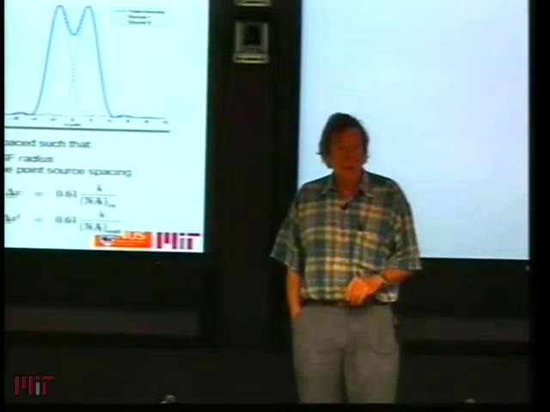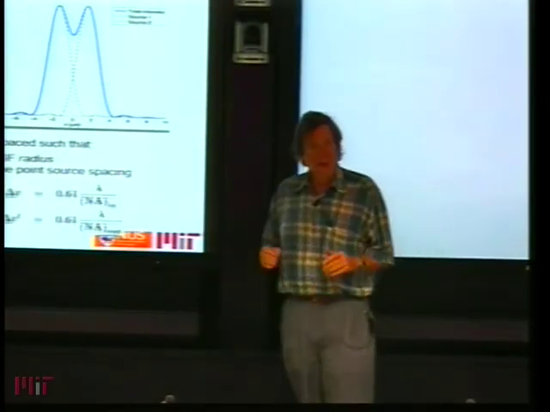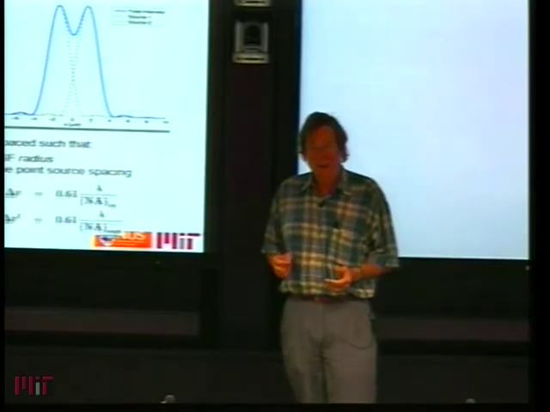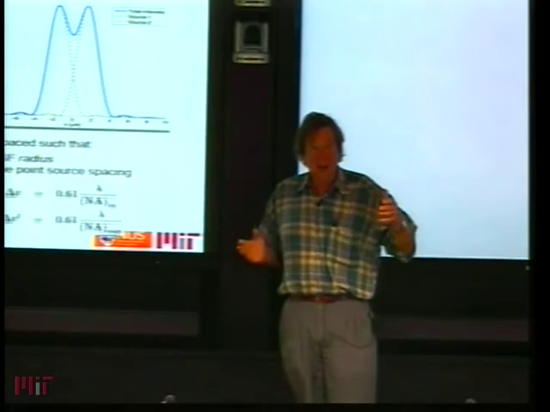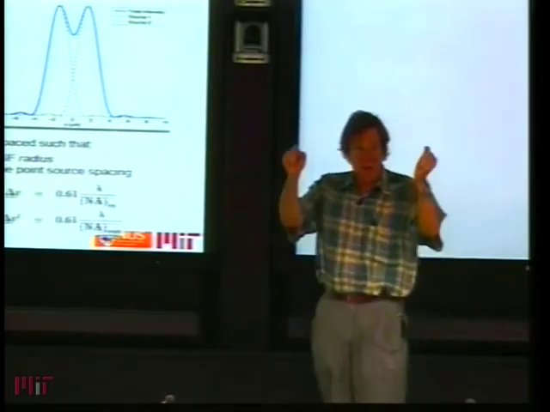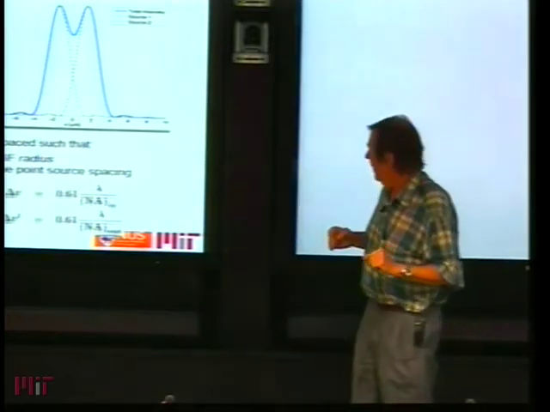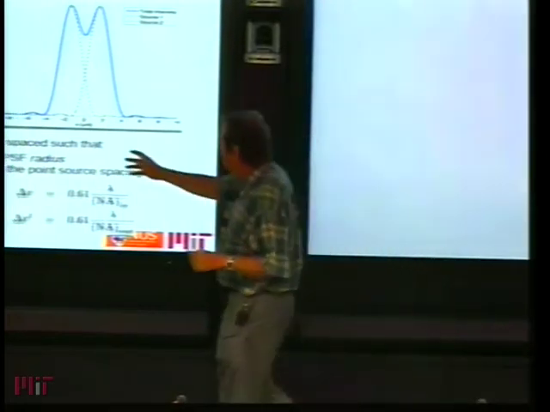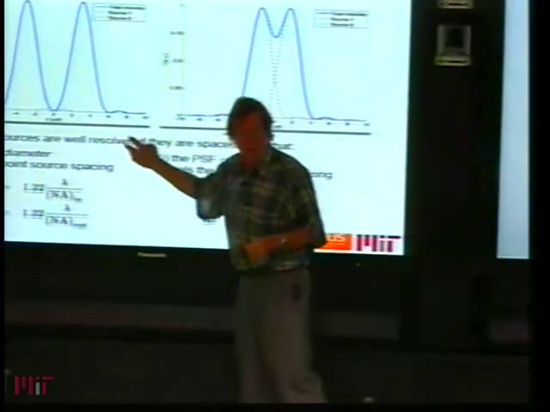Lord Rayleigh was very interested in astronomy, so he was interested in trying to quantify the imaging of stars. If you look up in a telescope at the sky and you've got two stars very close together, then you'll see the two images of the stars. This shows two different separations of those two points.